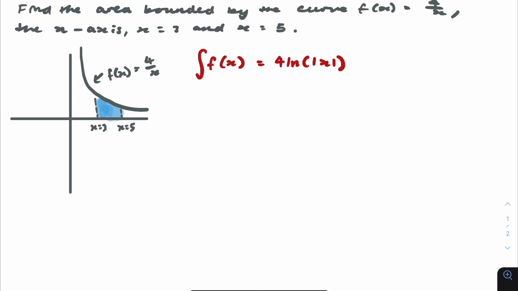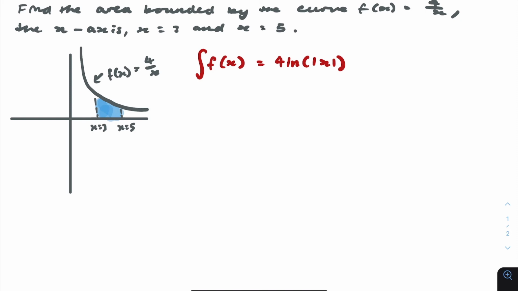The reason it's not going to be ln 4x is because when you differentiate ln 4x, it gives you 4 over 4x, which cancels out to get 1 over x. So that's why we can't do that. In this case, 4 ln x differentiates to 4 times 1 over x, which is 4 over x. And we have the plus c, but we don't need it as we just realized from the last example.